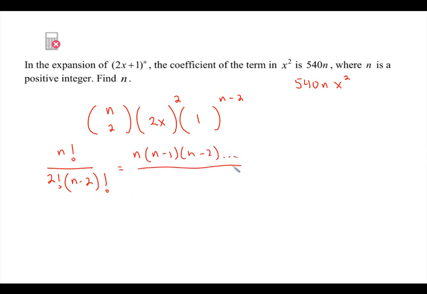On the bottom we have 2 factorial, which is 2 times 1 times n minus 2 factorial, and then we would have n minus 3 and so on. Basically all these divide each other out, so that's gone. What we're left over with is n times n minus 1 divided by 2. So when we calculate this binomial coefficient, we get n times n minus 1 divided by 2, okay?